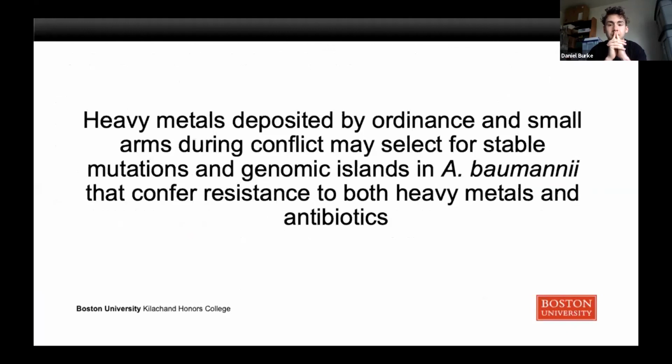And what's very important to elucidate from this is that there's evidence that heavy metals deposited by small arms during a conflict can select for stable mutations in baumannii that confer resistance to heavy metals and antibiotics.